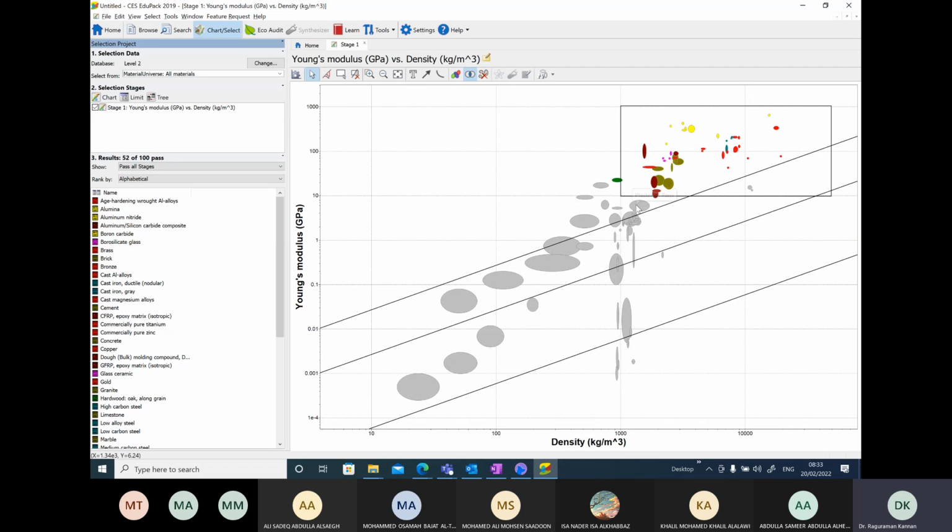I do not ask you to maximize to a particular value, but generally in this direction, it will get maximized. You can also select based upon E values. Maybe I will tell you the E value should be greater than certain gigapascals. Then based upon the value, greater than that value means you have this region here.